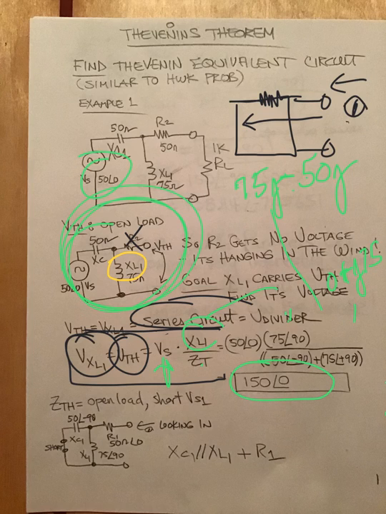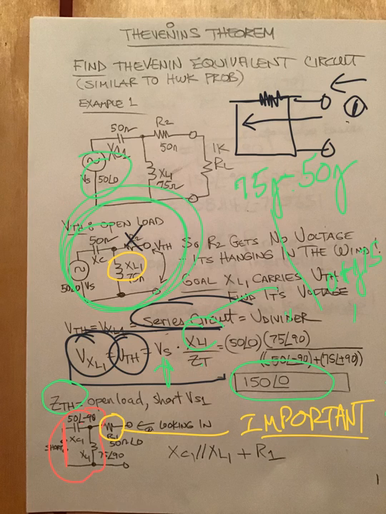Now, second part of this circuit, Z Thevenin is the open load circuit resistance looking in, and we draw a short in here, and once again you see this is in parallel, but now the resistor that was not around for V Thevenin is very important. Don't lose sight of that.